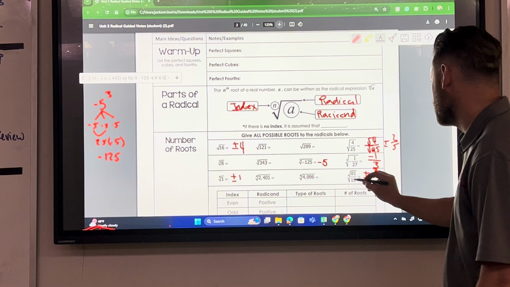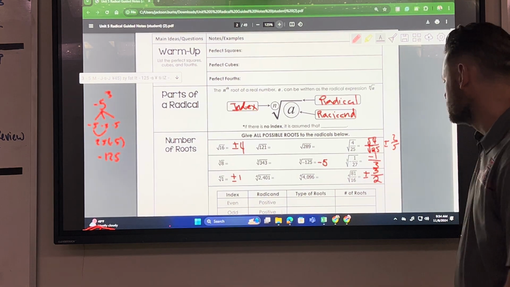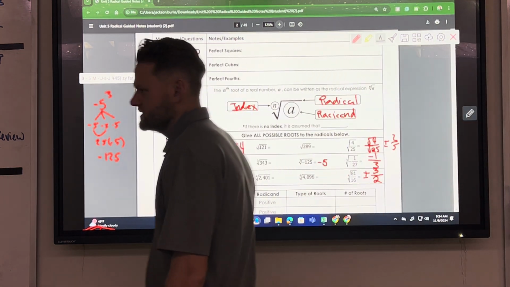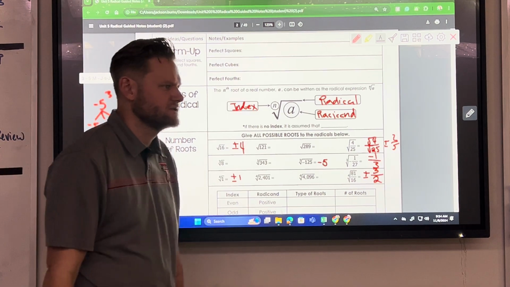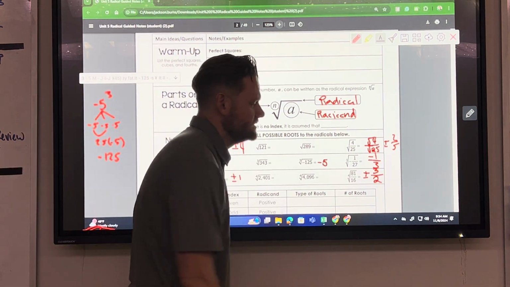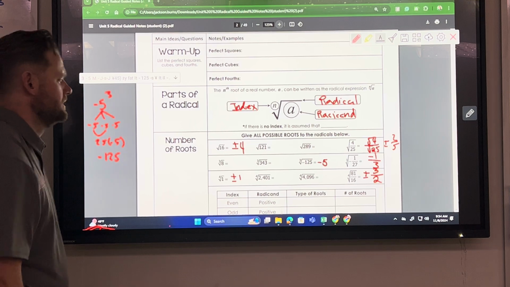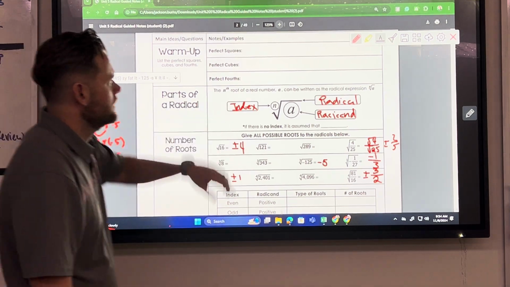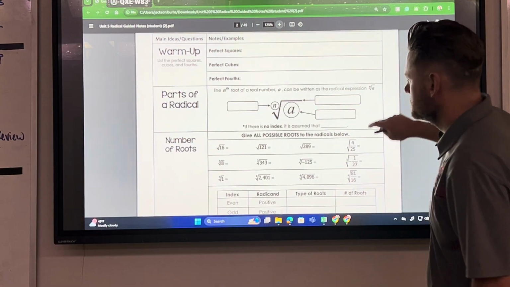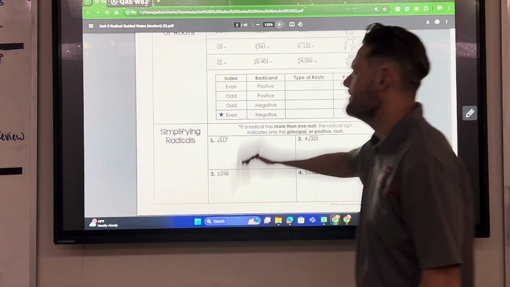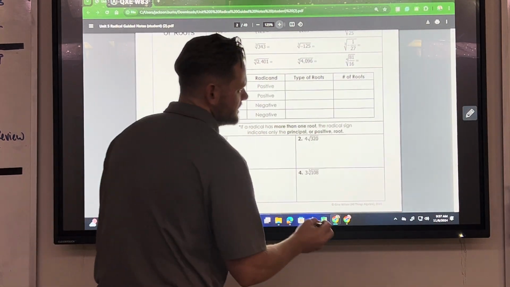Fourth root of 16 is 2. 3 times 3 times 3 is 27, times 3 is 81.